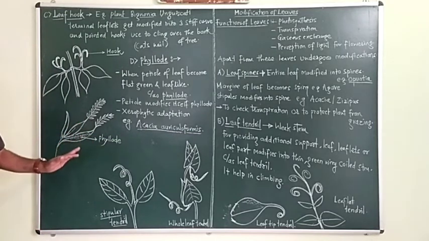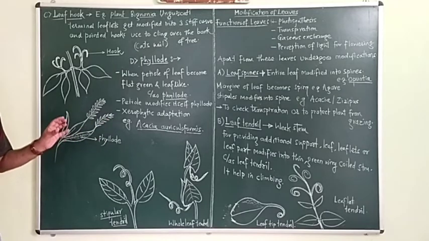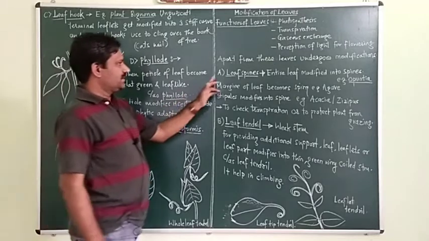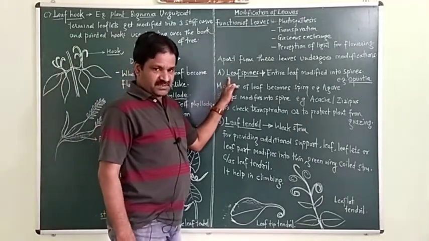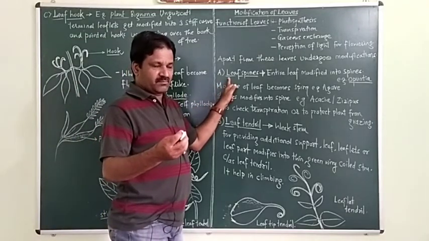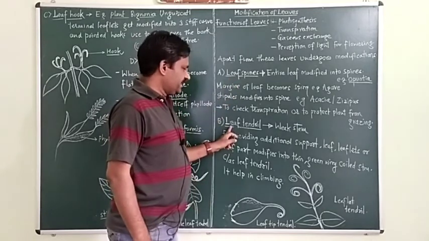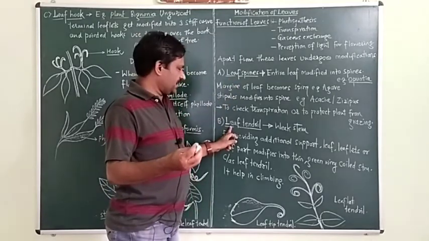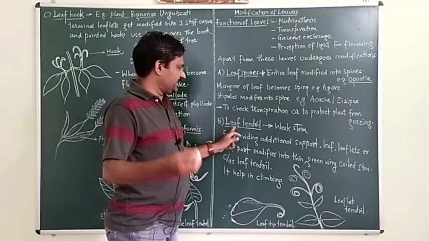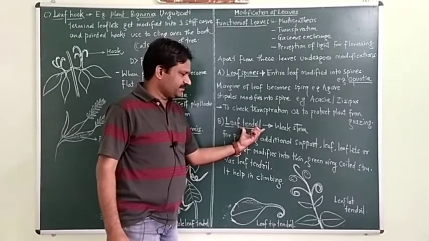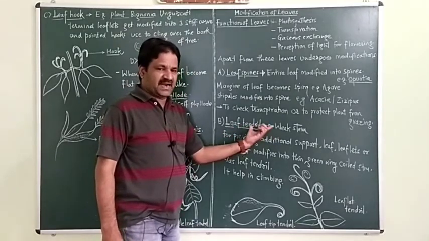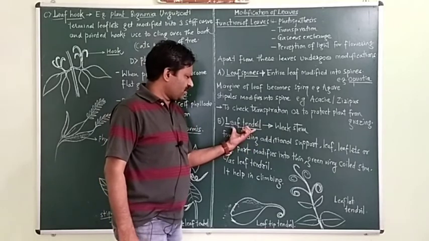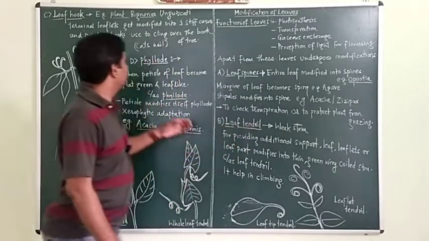These are the different modifications of leaf. The first one is leaf spine, means leaves are modified into spines. Here in leaf tendril, leaves or leaf parts are modified into tendril. Generally plants having a weak stem develop this modification, leaf tendril.